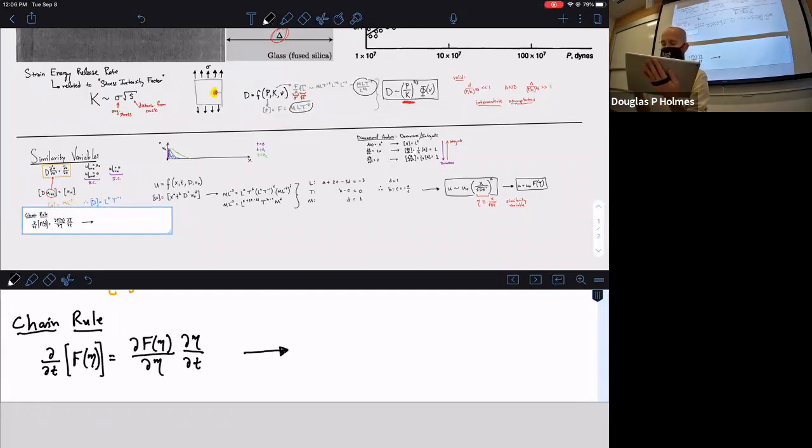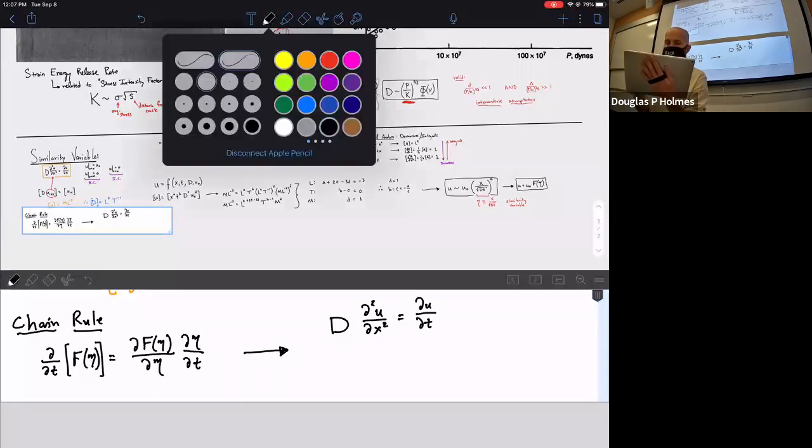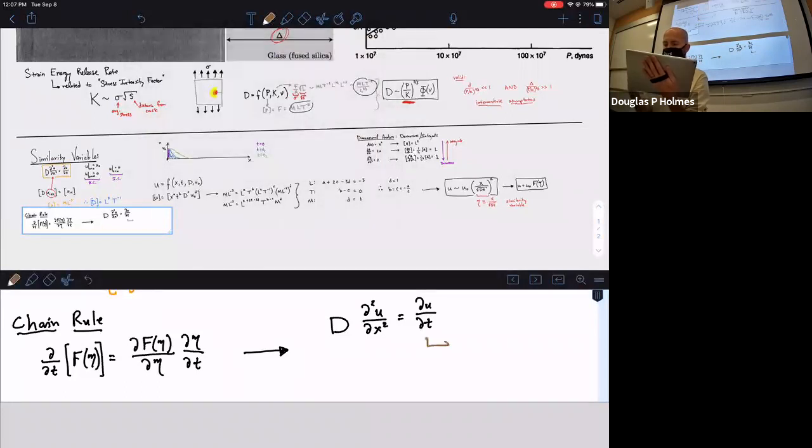So using the chain rule, we can say, all right, I have my equation D. So du dt would be equal to u naught times f prime of eta times d eta dt.